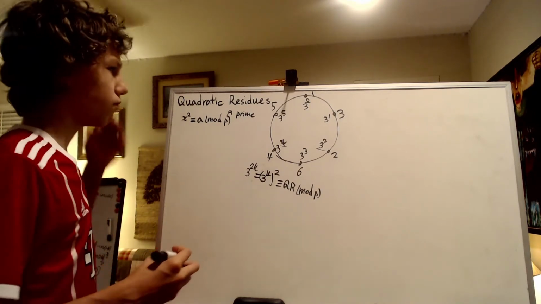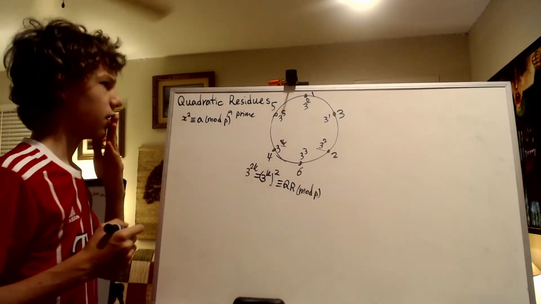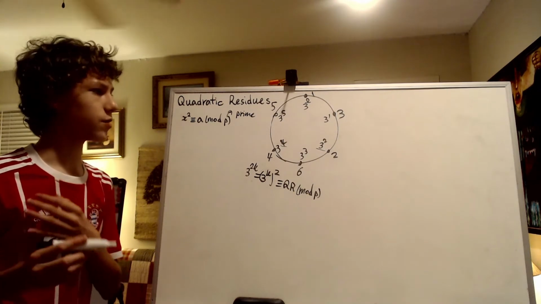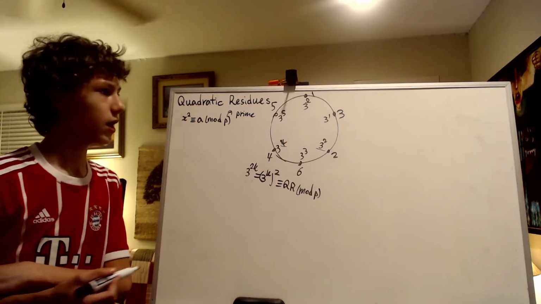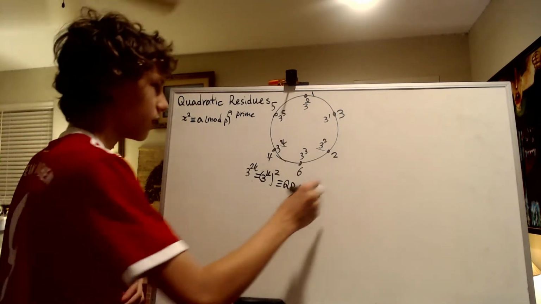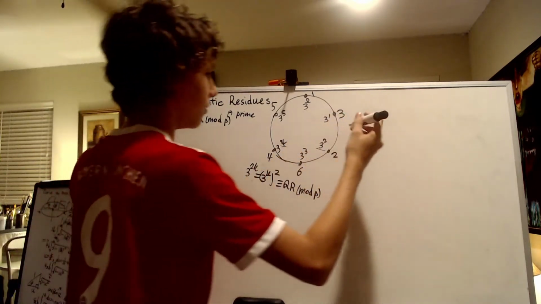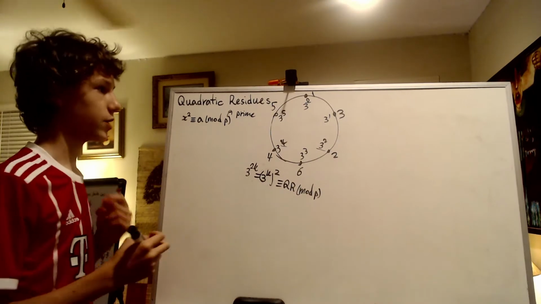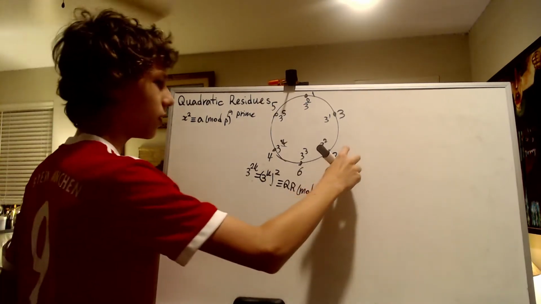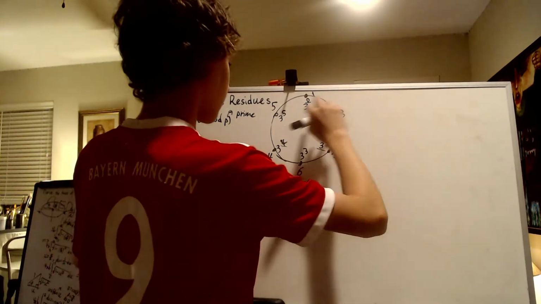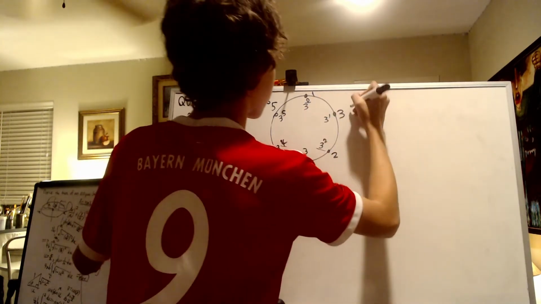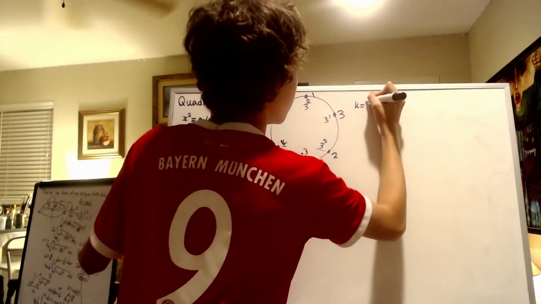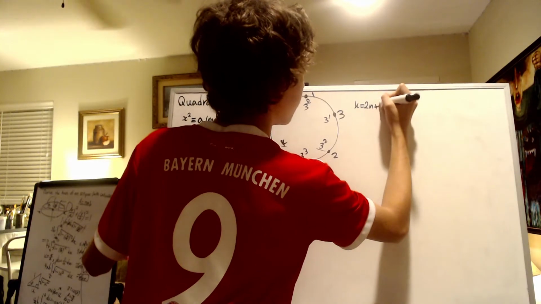Okay, how about the odd powers? Can odd powers be quadratic residues when reduced mod P? Well, let's see. I want to prove to you that these odd powers are never quadratic residues. So how do we prove that? I'm going to let k equal 2n plus 1.